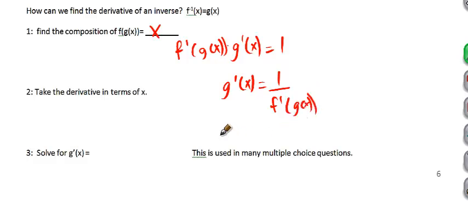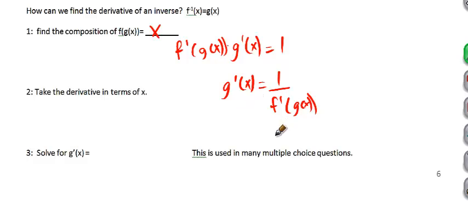Now, a couple things we have to be careful about here. It's a little more reversed than you might think. The g of x is not really an x value. It's the y value of g of x that we're plugging into the x value of f, if that makes some sense.